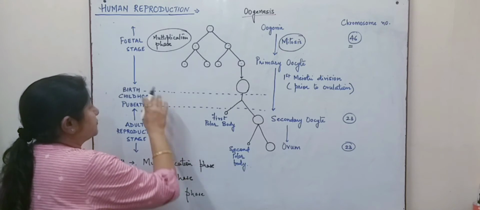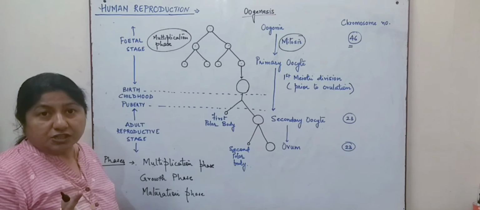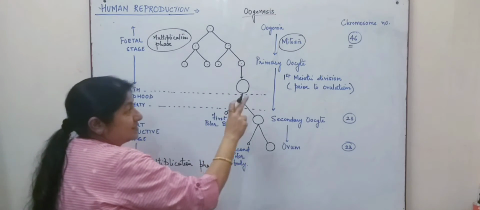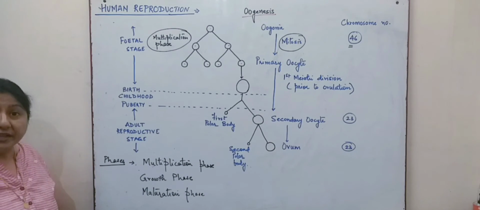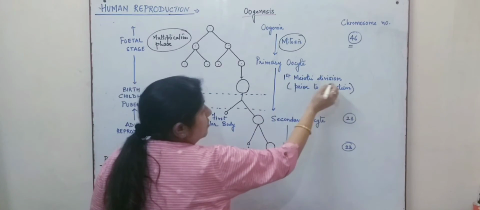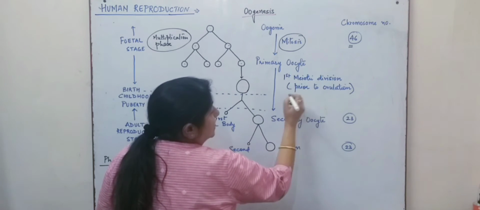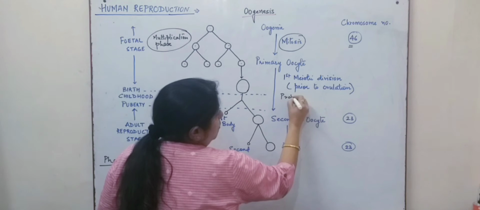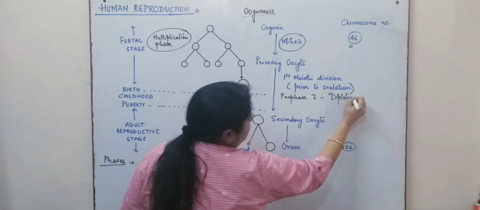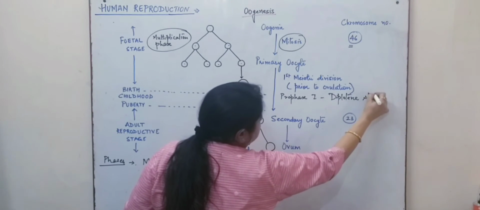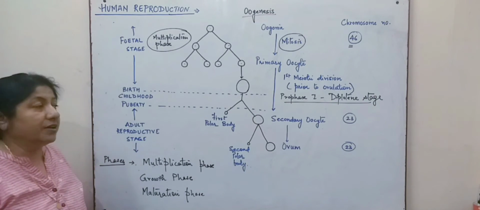Now the primary oocyte has no change in the chromosomal number, but it enters the first meiotic division. This first meiotic division is not completed but arrested at prophase 1, the diplotene stage. At this stage the meiotic division stops and the further development will take place later.